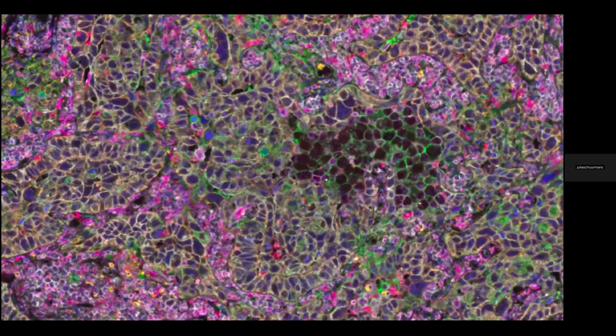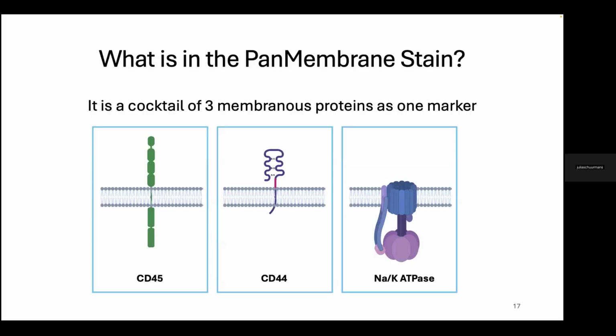Now what you're looking at is the exact same image, but in this case, I've added on an 8th marker, and that marker is PanMembrane, and it's in white. And if we go back down to the bottom corner down there, we see that the missing cell is now beautifully outlined here and again here. So what is in the PanMembrane stain?